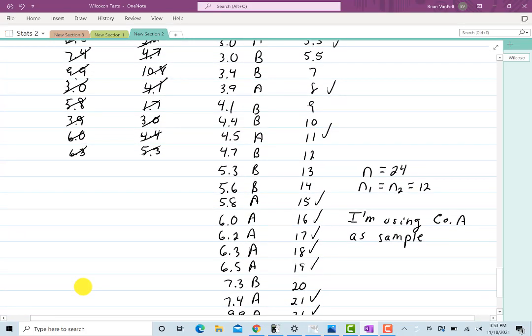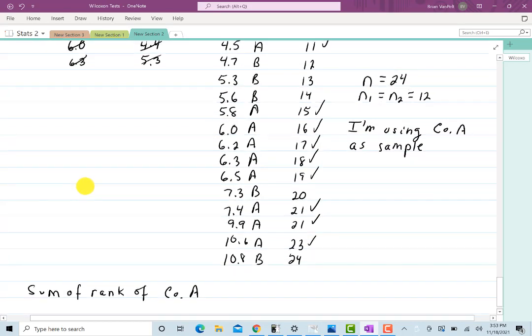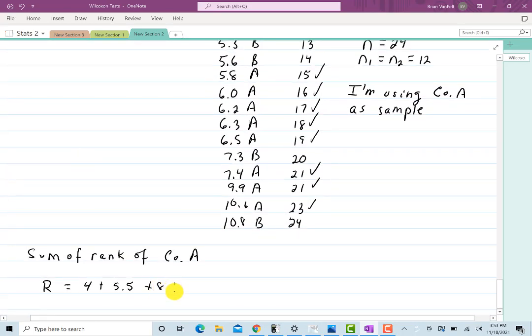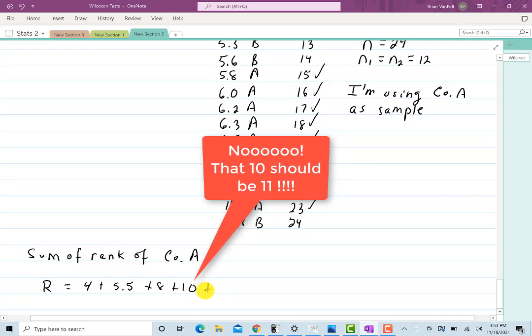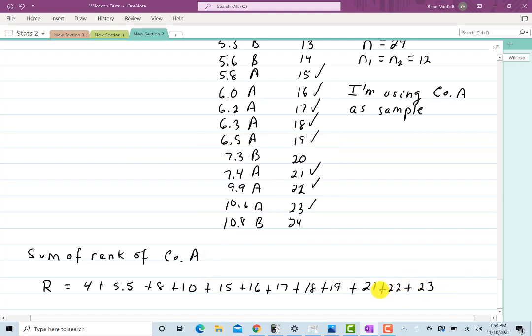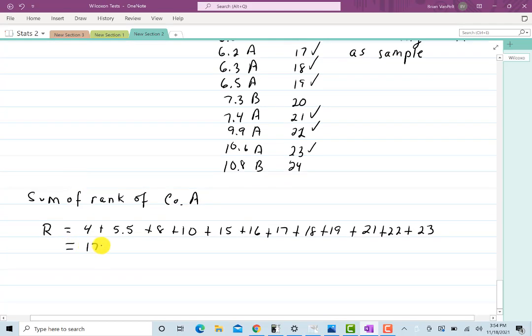And then after that, I had 8 and 10. And then I have 15, 16, 17, 18, 19. I made a mistake here. That's 22. Then I have 21 plus 22 plus 23. And this turns out to be 179.5.